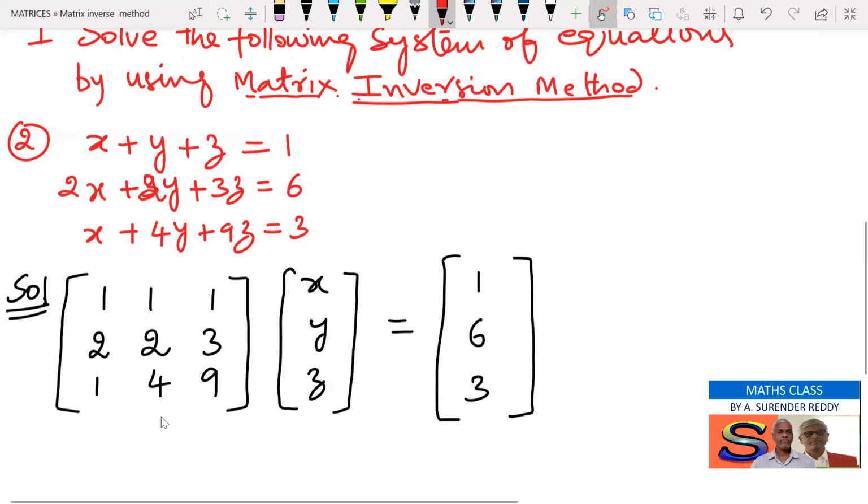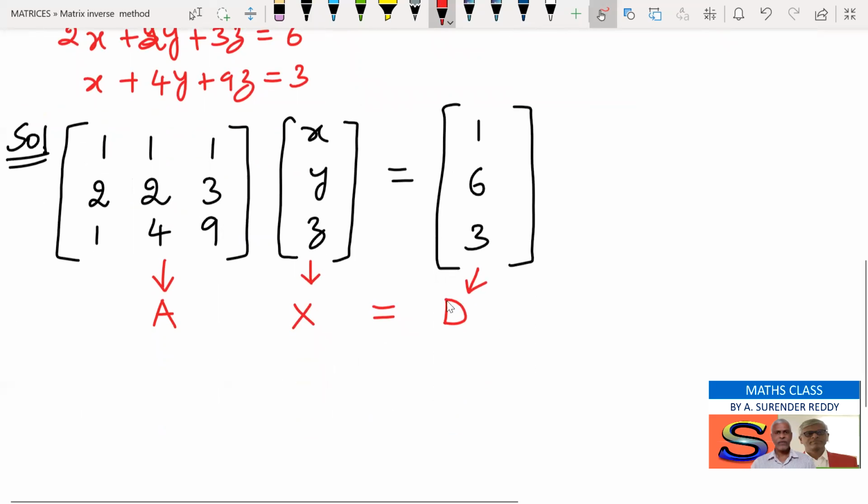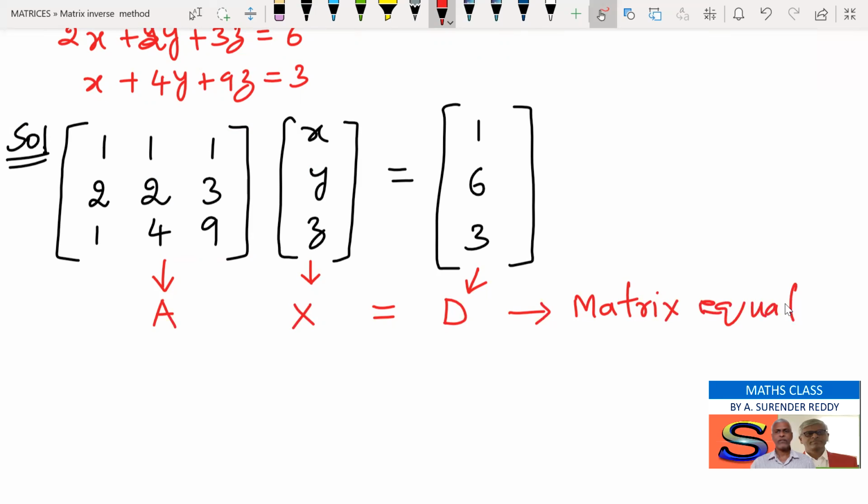So here let us name the first matrix as A, second matrix as X, and third matrix as D. So this is called AX is equal to D, called matrix equation.